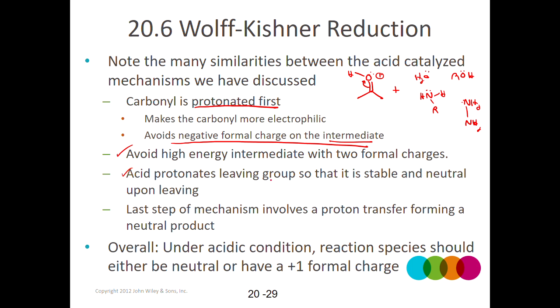The acid also protonates a leaving group, so it's stable and neutral upon leaving, right? So after whatever nucleophile we're dealing with comes in here and pushes this up, this nitrogen would be positive, so it would be deprotonated, and then the water would be protonated, right? Again, don't have the water, or oxygen I should say, pick off this proton.